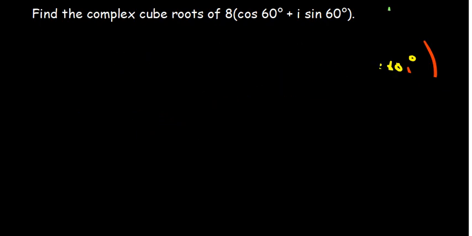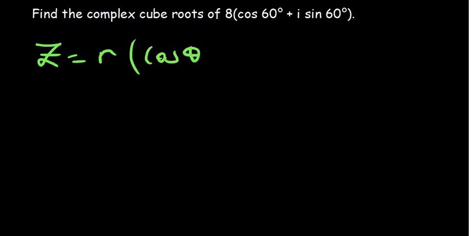Let me make a full summary of it all. What I'm trying to say is, when you're finding a root, your complex number is in this form, that z is equal to r, then we have cos theta plus i sine theta. That's the general form that we have.